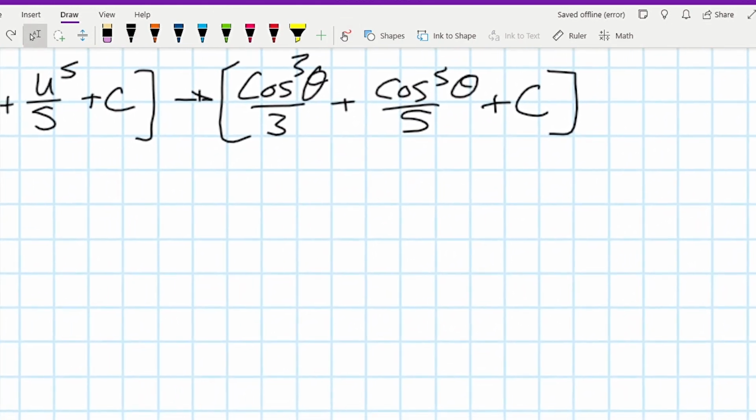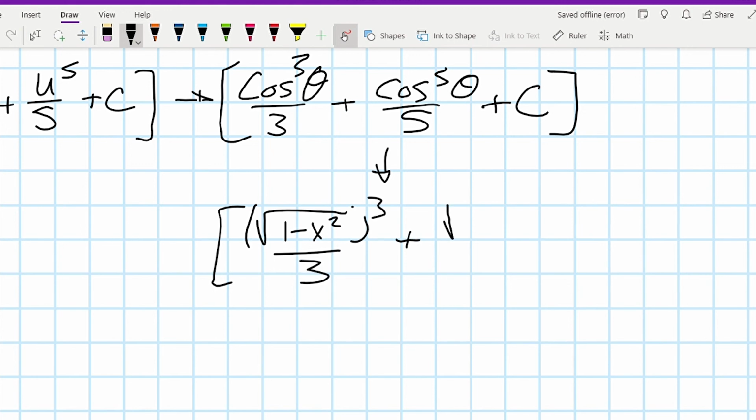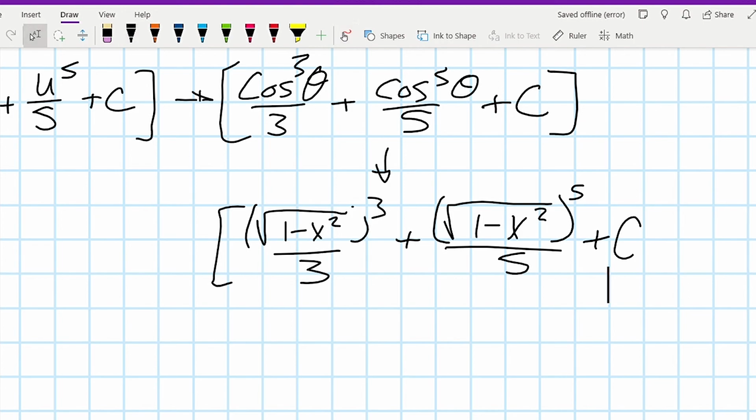So just to do that, this will become negative the square root of 1 minus x squared, and just the top is going to be cubed over 3, plus the square root of 1 minus x squared to the fifth all over 5 plus c. And that c is just our constant because we weren't given bounds. And so that is your solution.